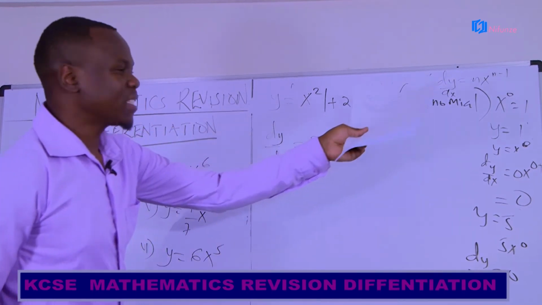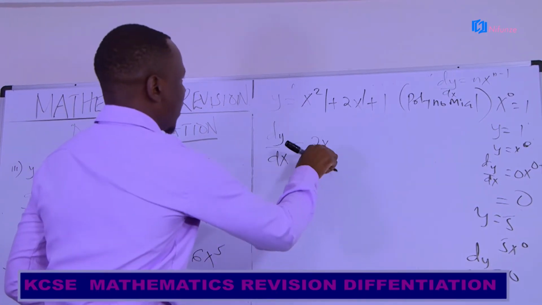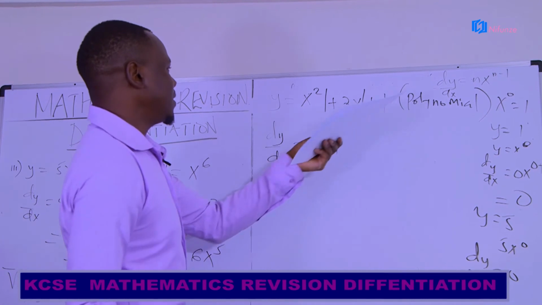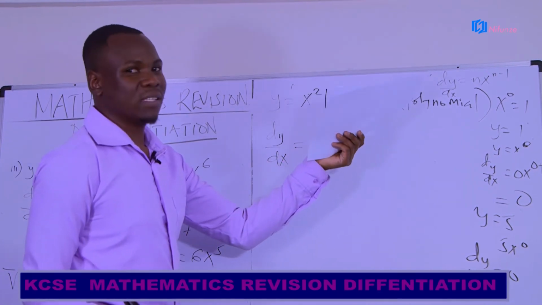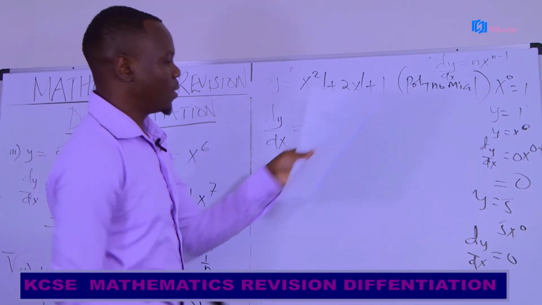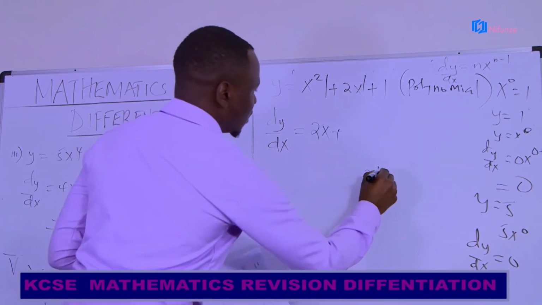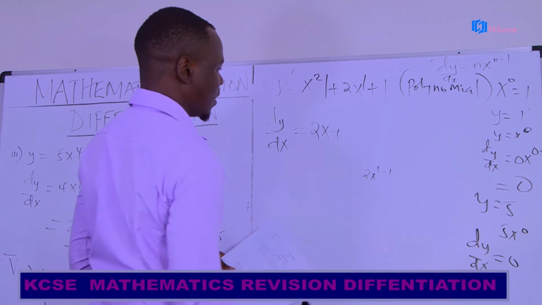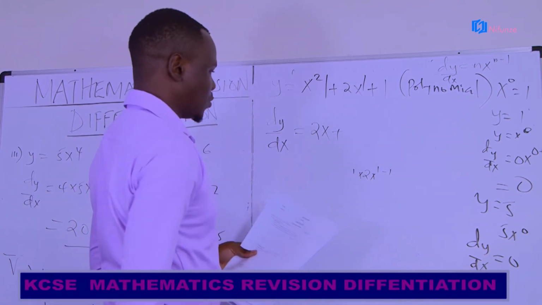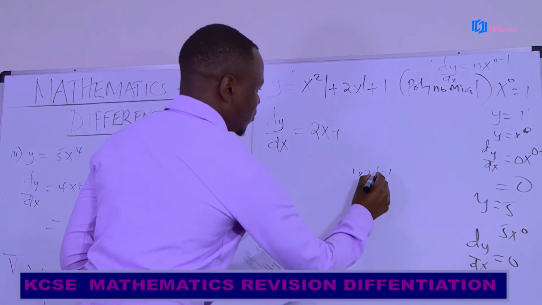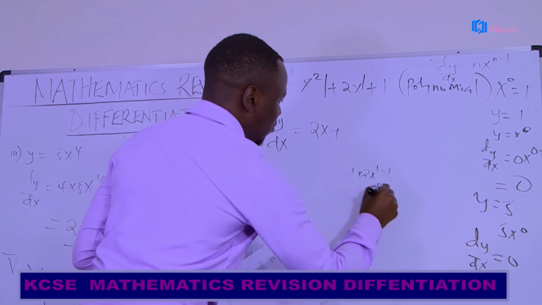So just do it very quickly. That's 2x. Plus, this is 2x, and 2x is the same as 2x raised to power 1. So this 1 will subtract 1 and then it will multiply here by 1. So what shall we get? This will be x raised to power 0, which is 1.